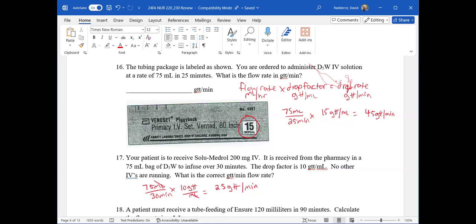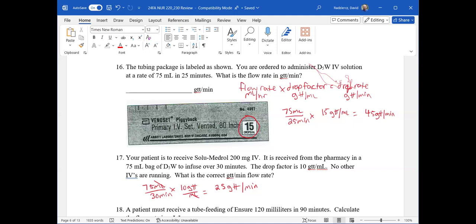And Alina, I know you put 51. Are you seeing how to get 25? Actually, not. I'm kind of lost. So we need a flow rate, right?